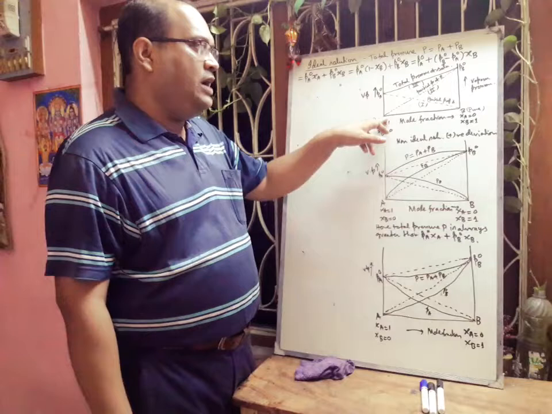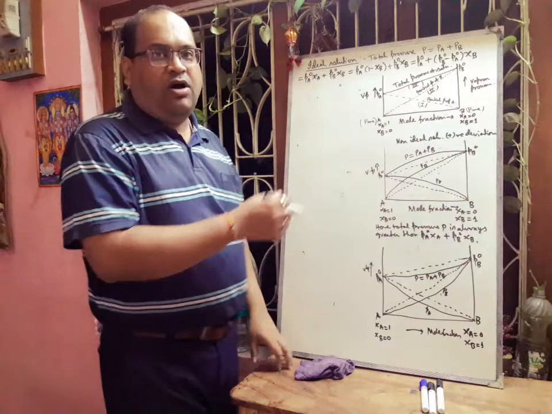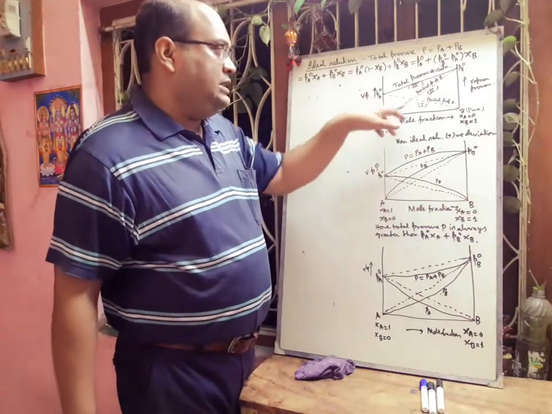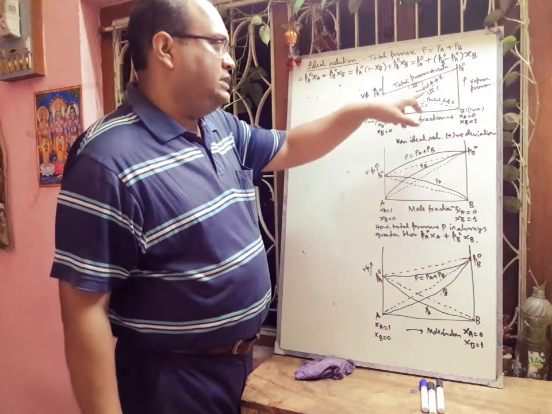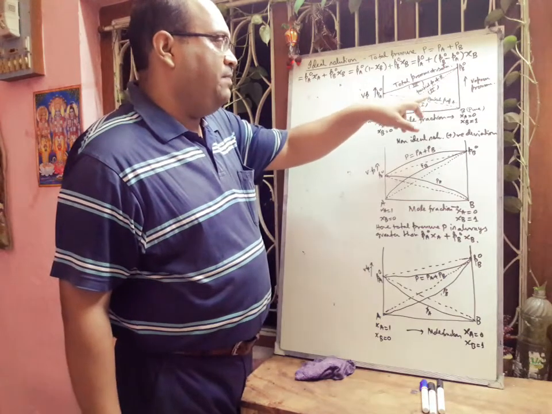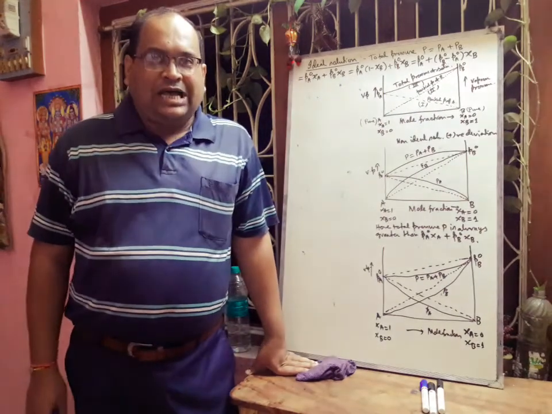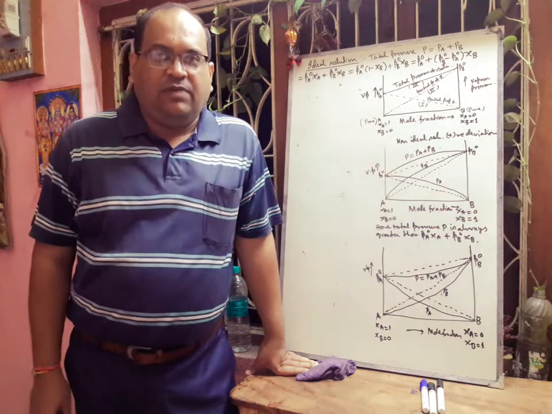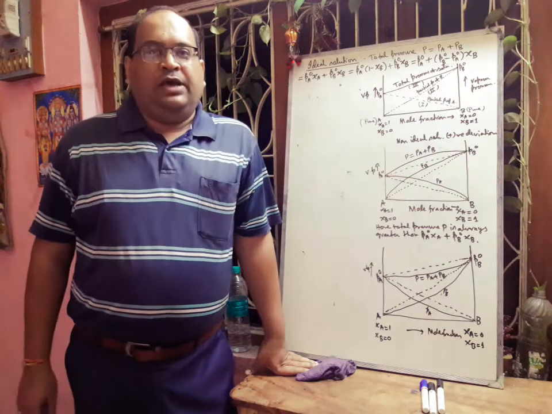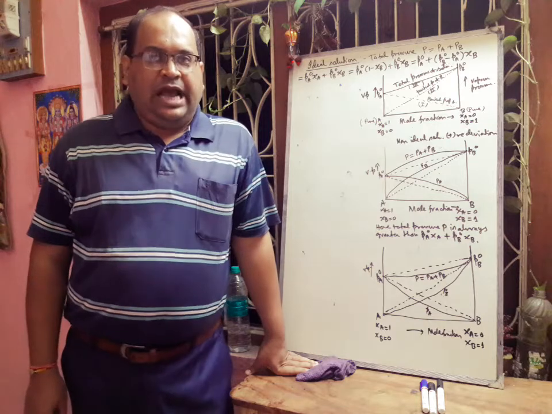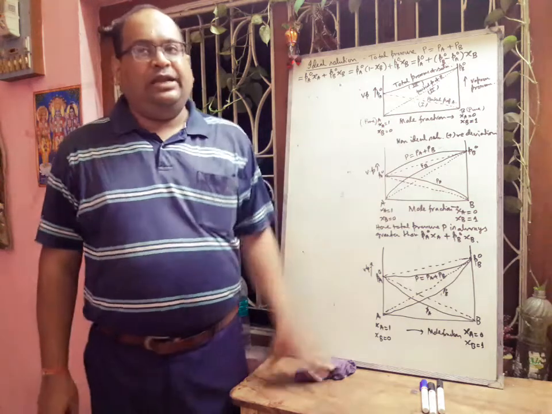So this will be this point. Here we can draw one line, the dotted line, indicating the partial pressure of B. So when a graph is drawn between Pb and Xb, we get a straight line passing through Pb0 and 0, and it is shown by the dotted line 2.